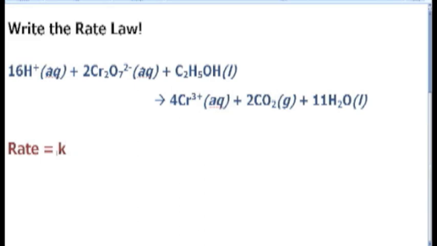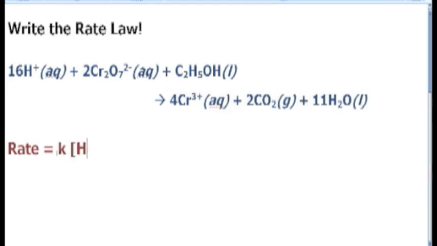We'll stick with K. And now we're going to look at which reactants we're actually going to consider. Remember our rules. We're looking at change in concentration. And so if concentration isn't going to change or doesn't matter, we're not going to consider that. So that ethanol on the end over there, yeah, we're just going to ignore it. Instead, we're only going to include the aqueous solutions and gaseous reactants.